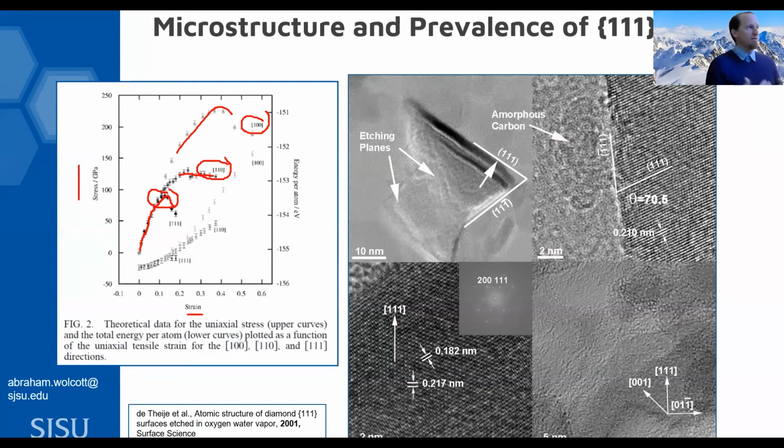Why is this important for us? Well, the 111 is a single dangling bond surface and therefore should only be able to accommodate one sigma bond. On the other hand, the 100 has two dangling bonds and could potentially have a C double bond O, a ketone, for instance.